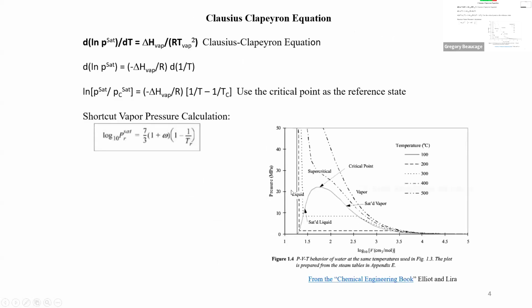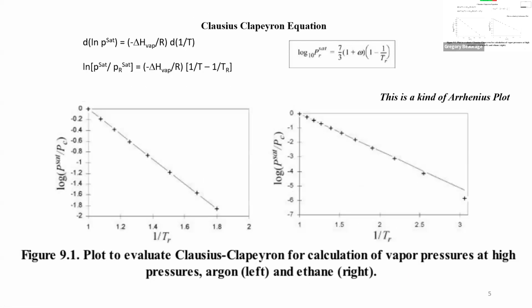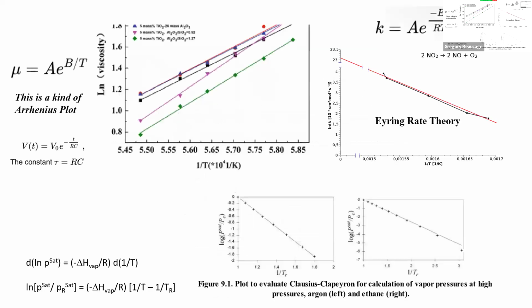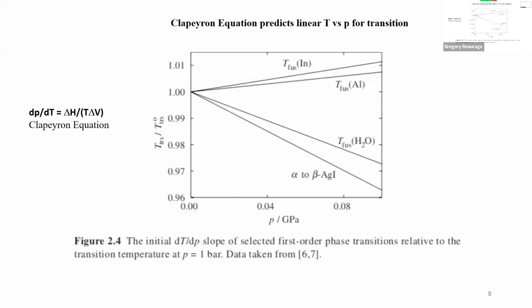So if you look at, I think there's a plot in here someplace. Here, heat of fusion and pressure. That's linear. In other words, delta H over T delta V for a liquid to solid transition means that there's a proportionality between the melting temperature and the pressure.